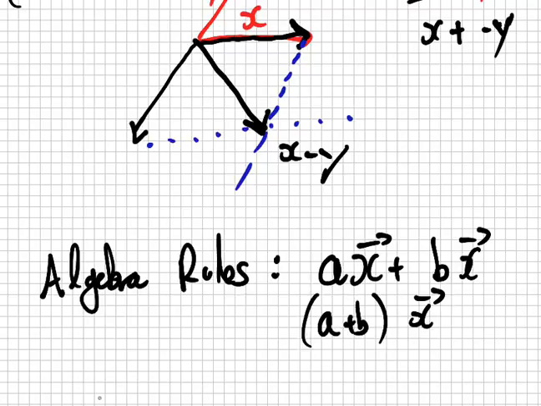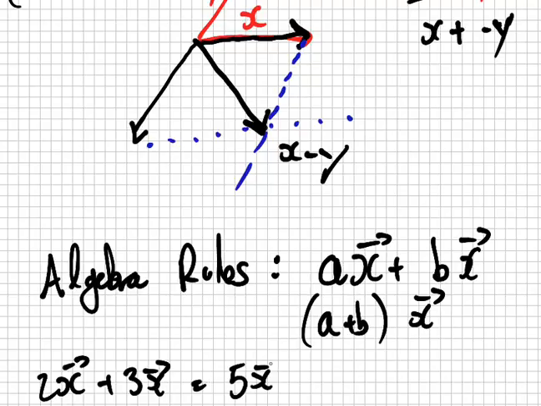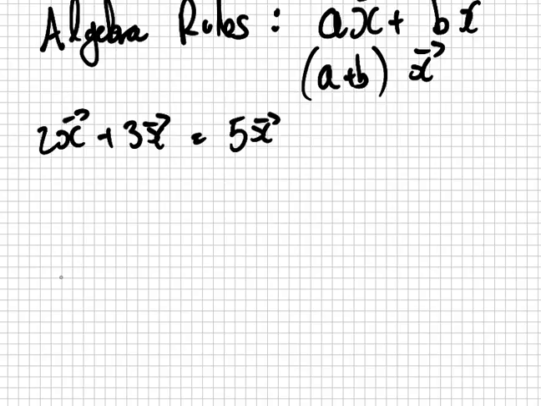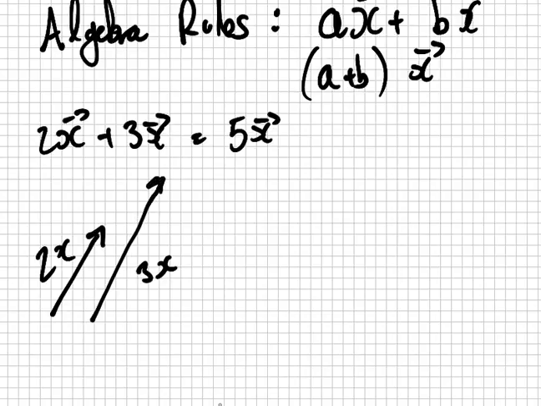So for example, if I have vector 2x and I want to add it to vector 3x, that is the same as 5x. So for example, here is 2x and then here is 3x, and yes, if I add them together, of course I get 5x's. 5x.